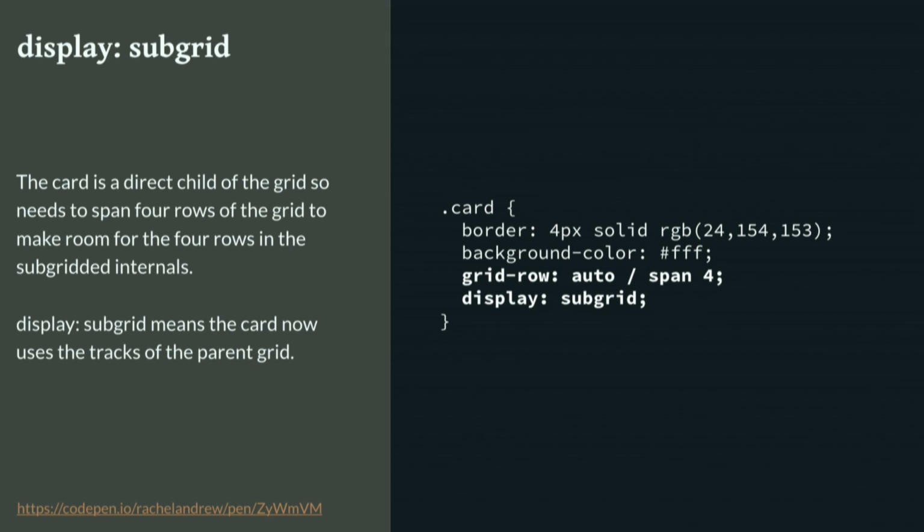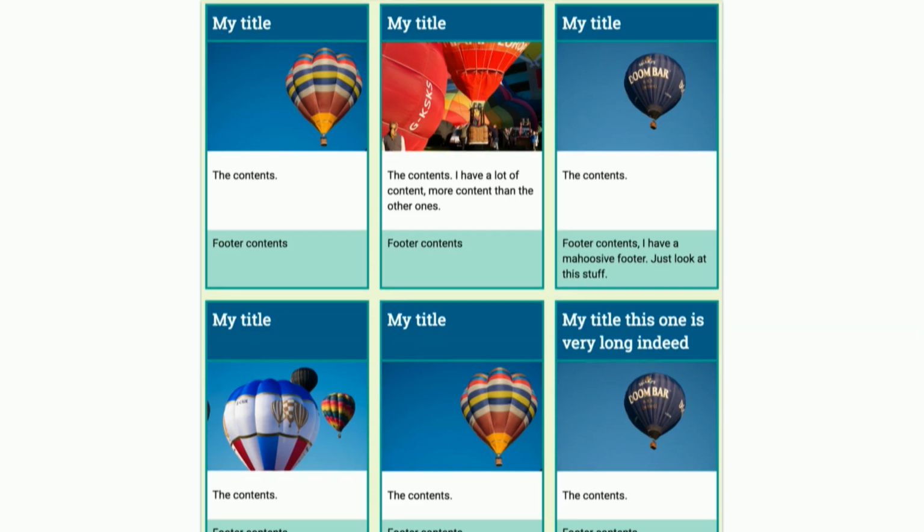Basically what we're saying is use the outer grid for the internals of the subgrid, which would give us, in this mocked-up example, something like this, where the elements inside are now participating in the rows that are defined on the parent. In reality, we'd have to deal with the gap and so on, because gaps aren't inherited. But as I say, this is all at the moment completely theoretical.